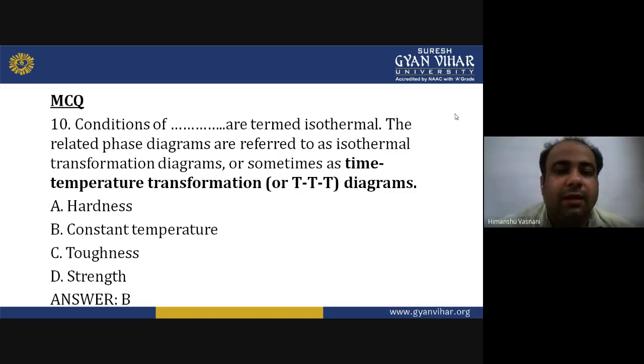Okay. So we have completed today's lecture and we have studied another heat treatment process known as tempering and tempering baths.